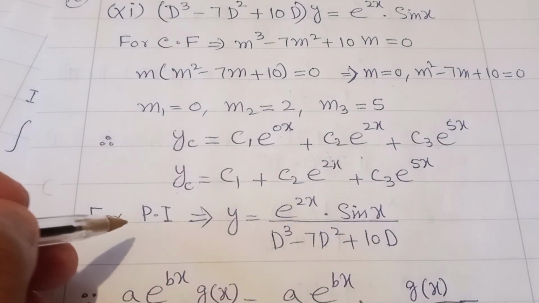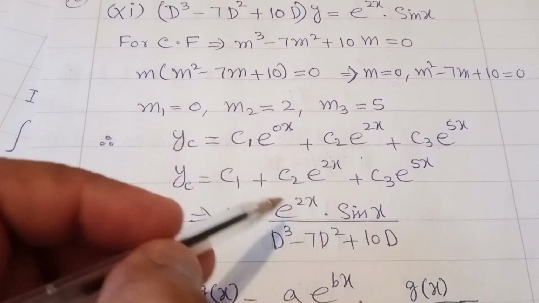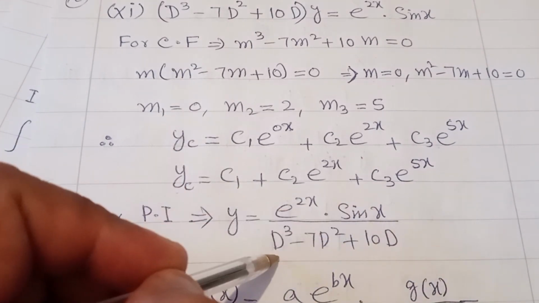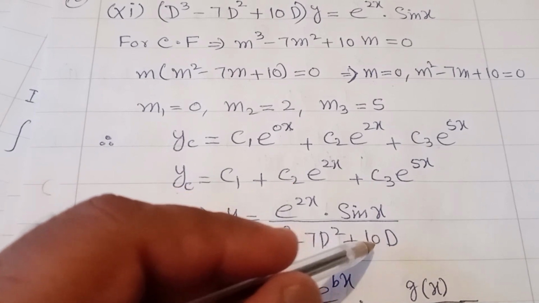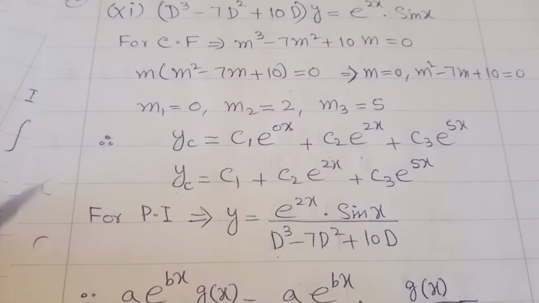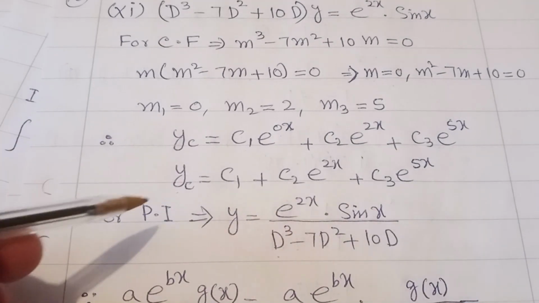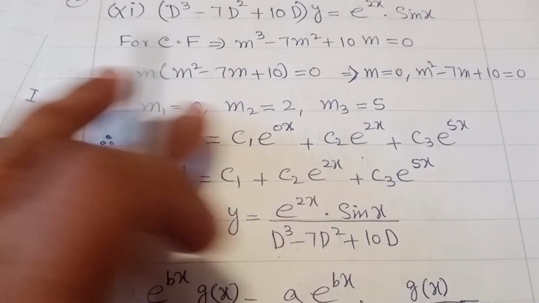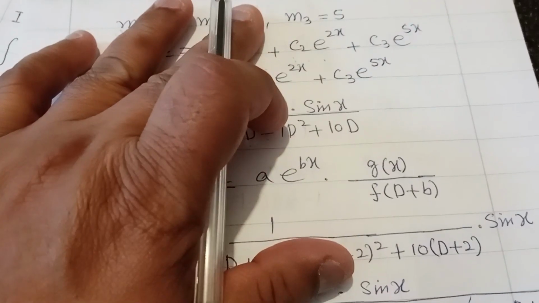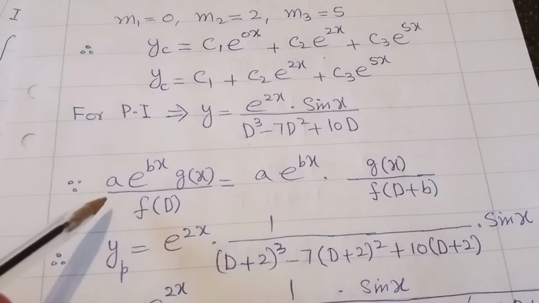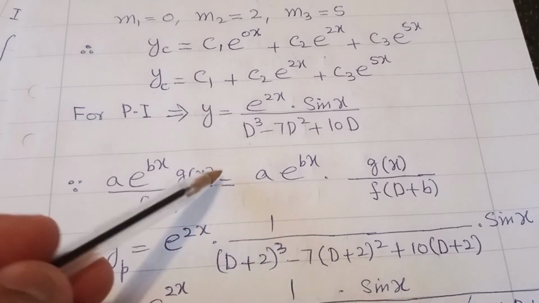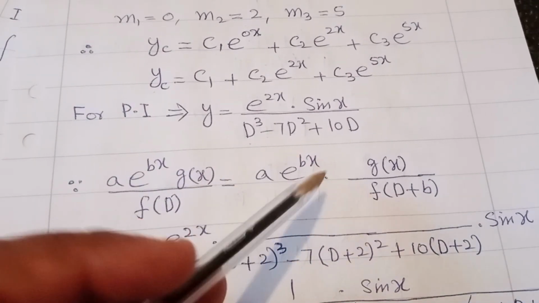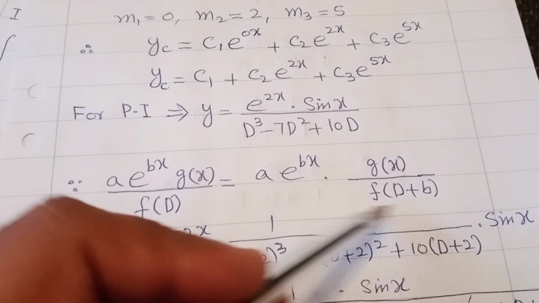Now the particular integral can be written as yp = e^(2x) sin x divided by (D³ − 7D² + 10D). We will apply the same formula as I told you earlier: e^(bx) g(x) divided by f(D) can be written as e^(bx) times g(x) upon f(D + b).